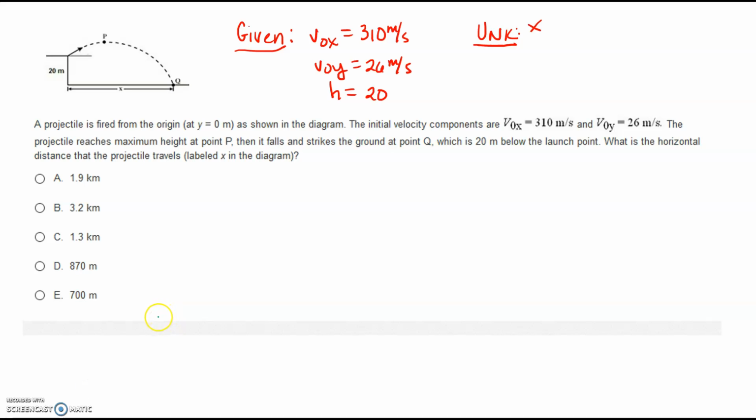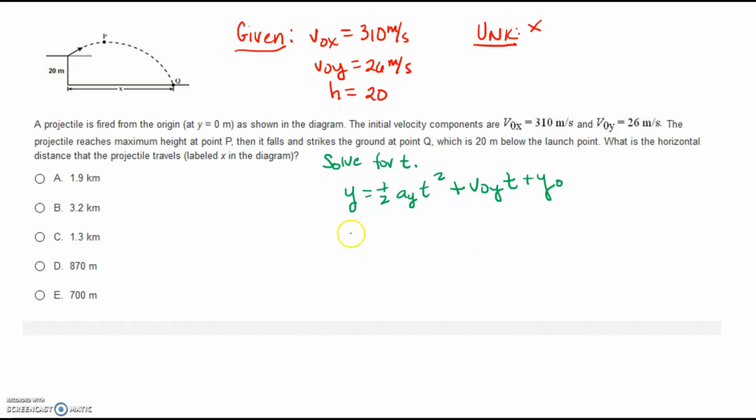So what I did was I solved for t, or time. The way I did that was I said, okay, y is equal to 1/2 acceleration in the y direction, t squared, plus VOy t plus Yo.